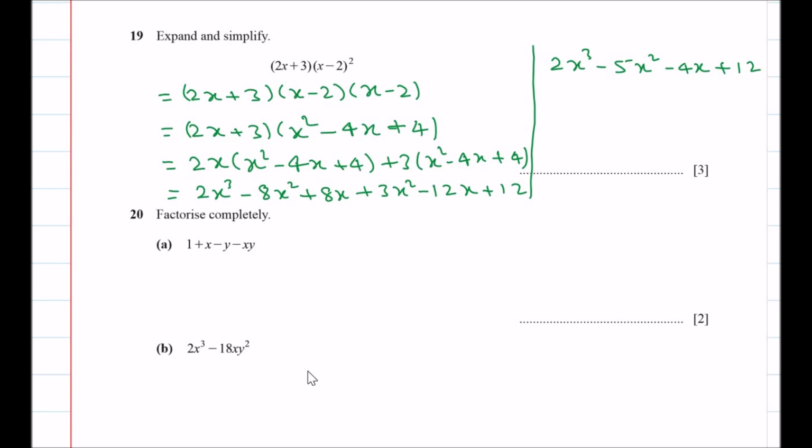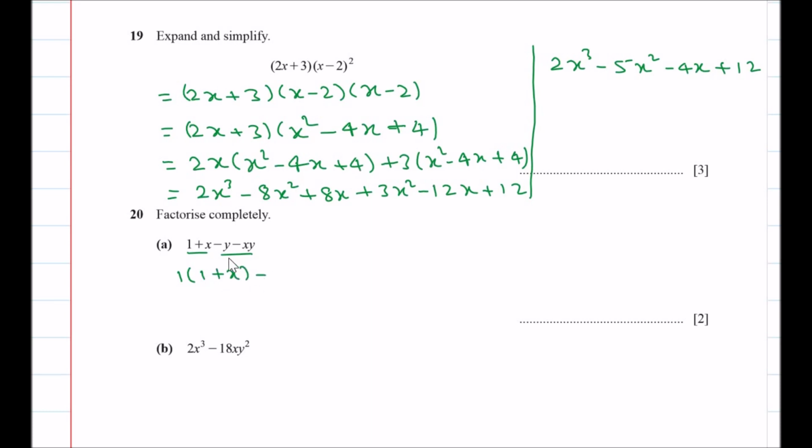Now factorize completely. We have 4 terms here, so what we will do? Make pairs of the first 2 terms and last 2 terms. In the first 2 terms nothing is common, that means 1 is the highest common factor, so 1 into 1 plus x.